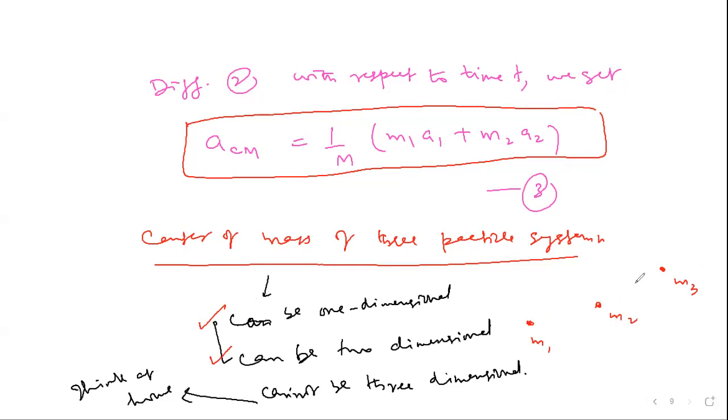If the masses lie on a straight line, all the three masses are collinear, then it is a one-dimensional system.